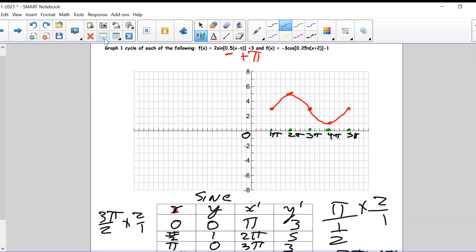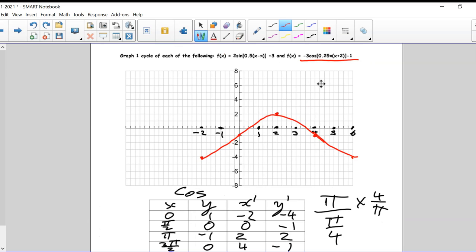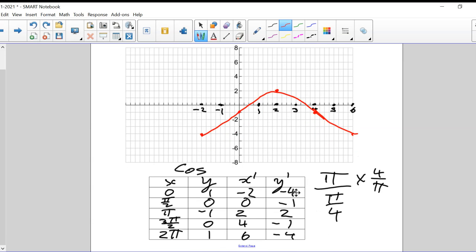If we look at the second function, which is a cosine function, we'll see the same thing. Minus 1 plus 3, remember you're adding on the amplitude, it doesn't matter whether it's a minus 3 or plus 3. So minus 1 plus 3 is 2, which is what the high point is here. Minus 1 minus 3 is minus 4, which is what the low point is here.